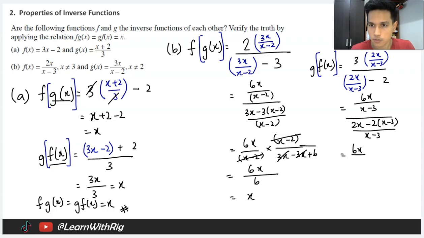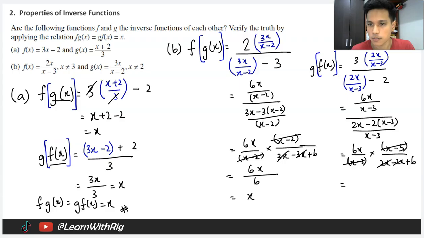So I get 6x over x minus 3 times, now I'm going to bring this the opposite, to the back. So it's going to be times (x minus 3) over 2x minus 2x plus 6. Same thing, I can simplify here.